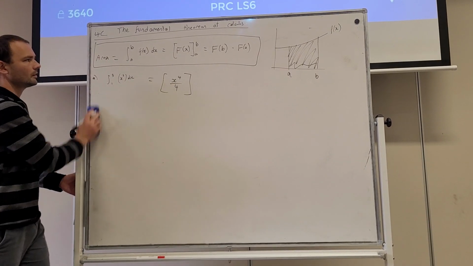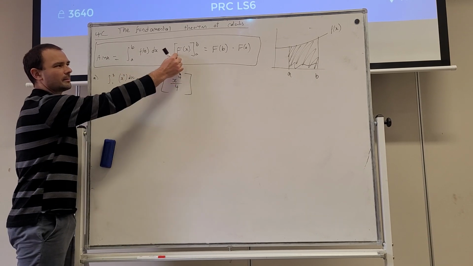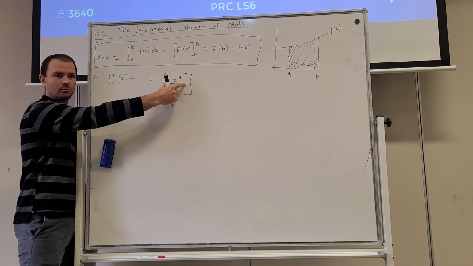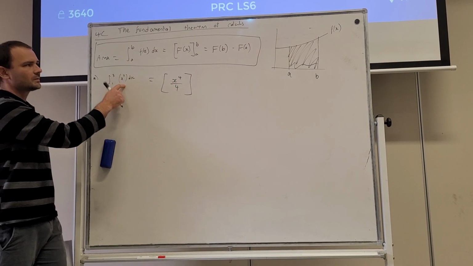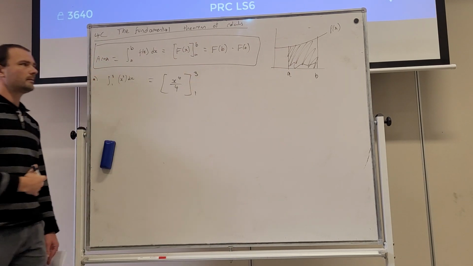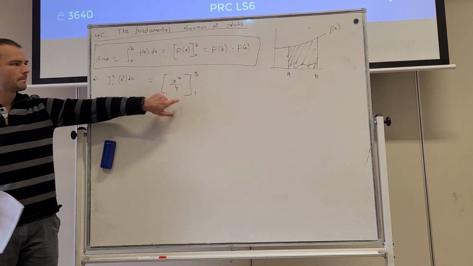All right. So if this is the function, we integrate it, we obtain this big function, capital F of x, and that's what we would differentiate in order to get this one. And the boundaries are from 1 to 3. Okay. So you can see we've moved from this location to here. All right.